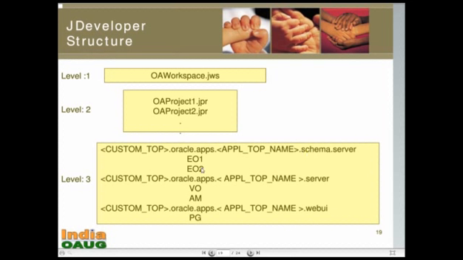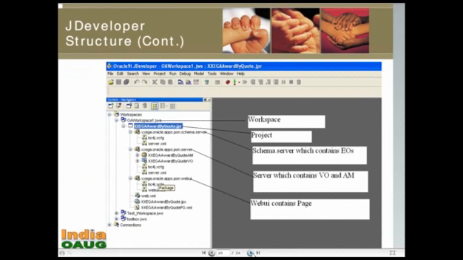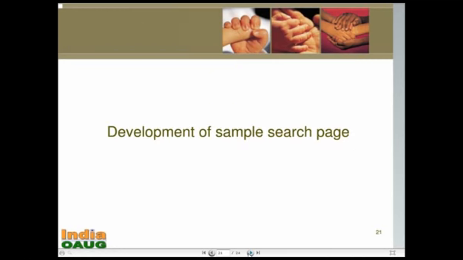For example, if you are not developing any insert, update, delete operations, then only two folders are enough: .webui and .server. Now here is our workspace. Inside that project, there are .schema.server, .server, .webui. You can see the path. That anyway we'll see when we are working with the pages.